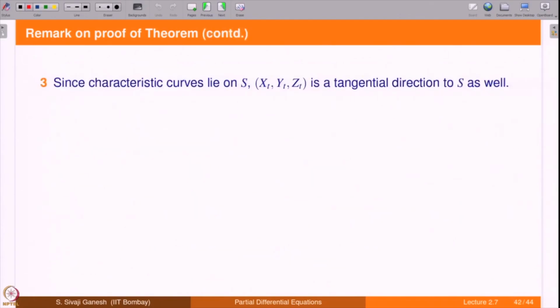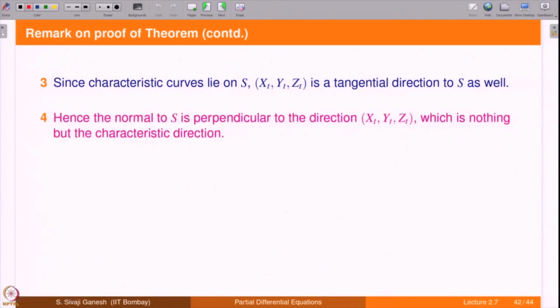And characteristic curves lie on the surface S. For S, we know something which is normal. Characteristic curves lie on S, (xt, yt, zt) is also a tangential direction to S, and it is nothing but the characteristic direction we have observed. What is the normal? Normal is (ux, uy, minus 1), that is the normal.